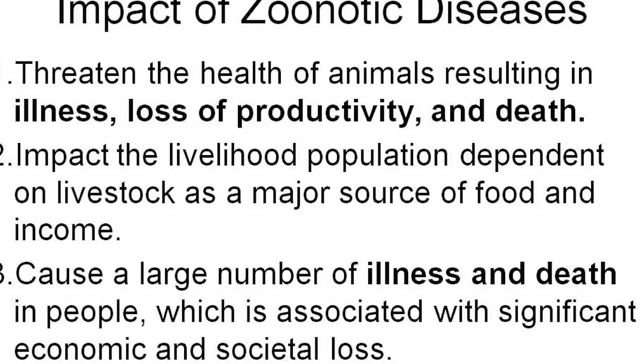Zoonotic diseases can threaten the health of animals, resulting in illness, loss of productivity, and death, and also impact the livelihood of populations dependent on livestock, as well as cause a large number of illnesses and deaths in people. So the impact of zoonotic disease is the public health impact as well as the economic impact.